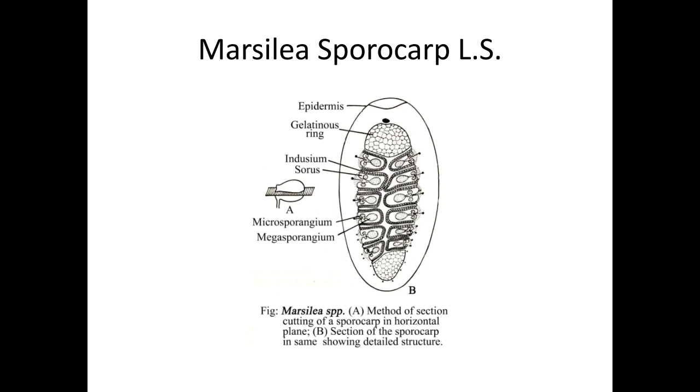Now Marsilia sporocarp. See within this diagram, outermost epidermis, then on both sides a gelatinous ring is present towards the upper side as well as towards the lower side.